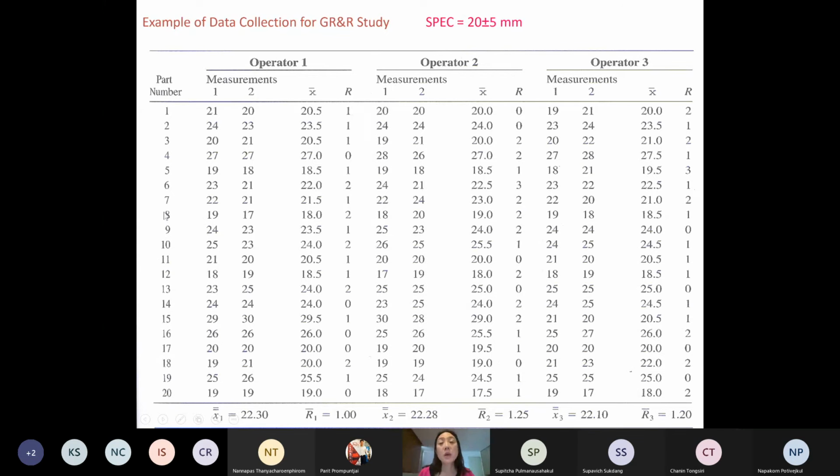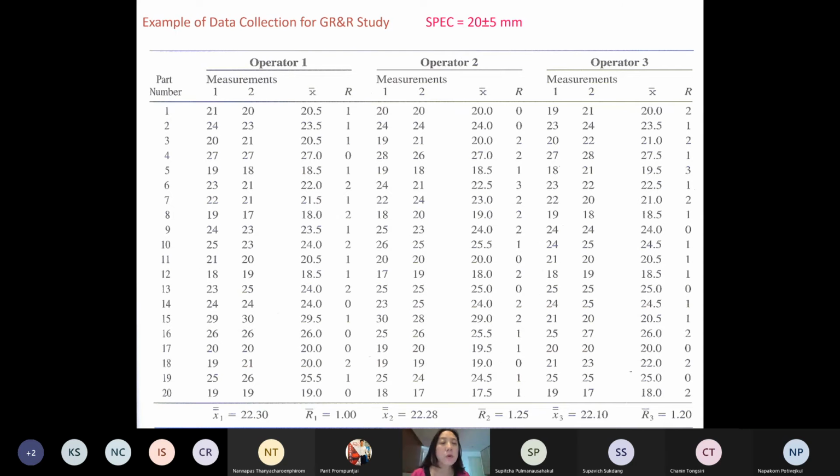Then you want to express the consistency among the measurements between the 2 times. That is the repeatability of this operator. Another indicator is called reproducibility. Reproducibility means the consistency among different operators.